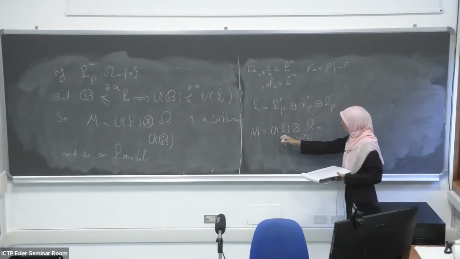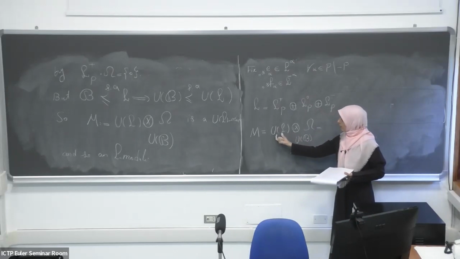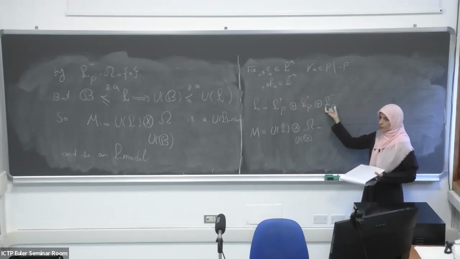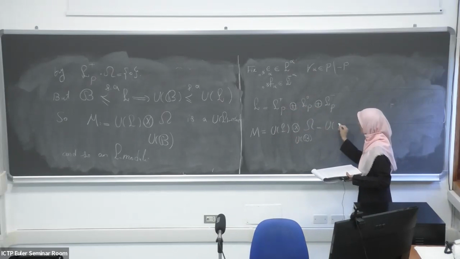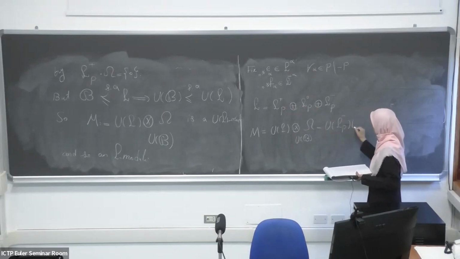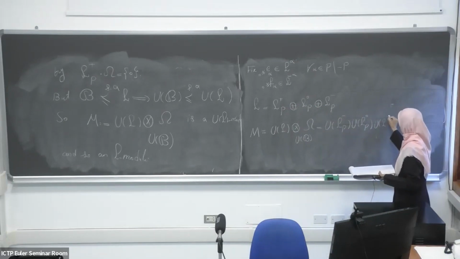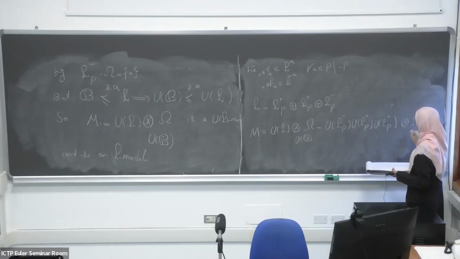And using the PBW theorem, as this part is a subalgebra, this part is a subalgebra, and this part is a subalgebra, as I showed you in the previous example, I can write it like this: UL minus P, UL null P, UL plus P, tensor Ω over UP.